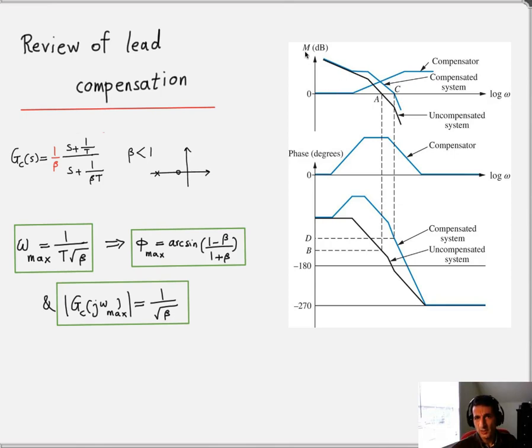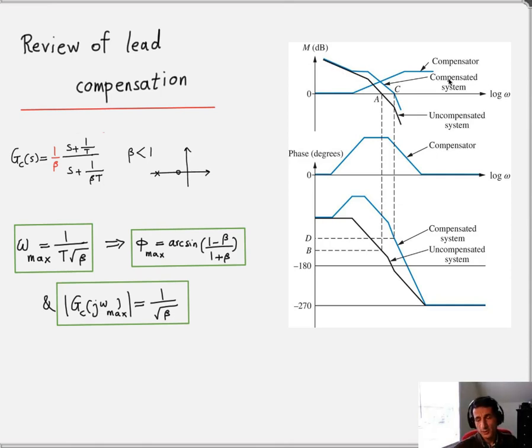The magnitude in dB is positive, and the phase angle in degrees is also positive. This is unlike the lag compensator, for which both the magnitude and the phase angle were negative. That's why we call a lead compensator a lead: the phase angle and the magnitude are positive.